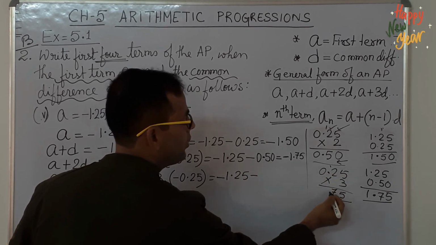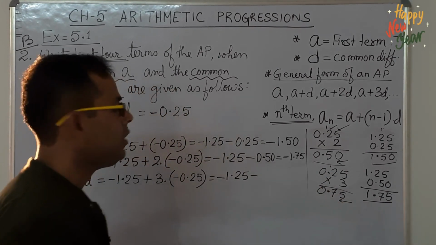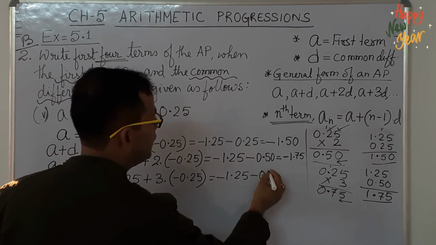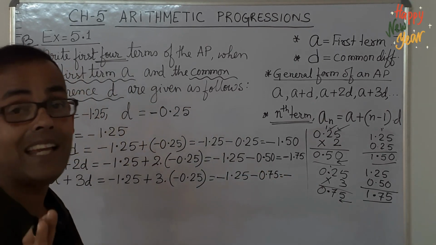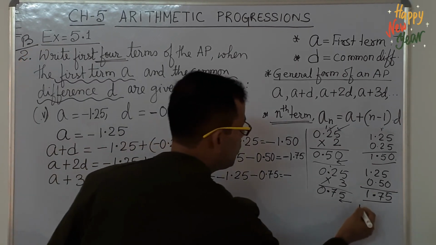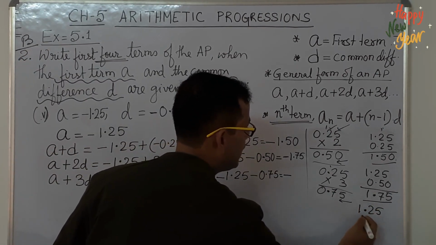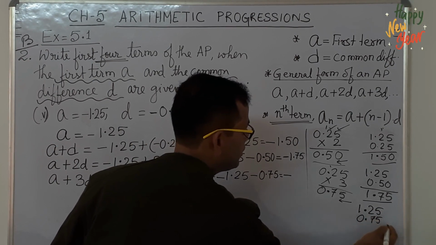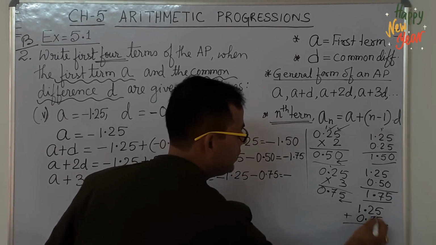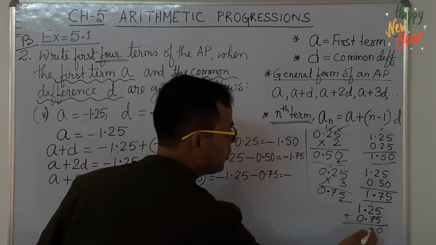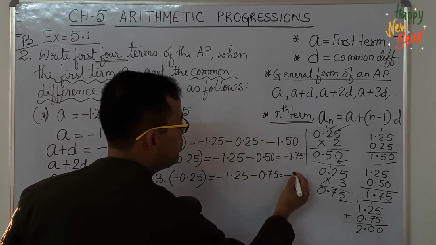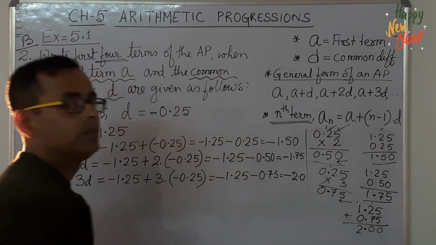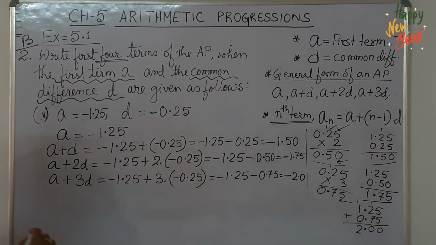So from here the point will come here. Clear? So 0.75. Now minus minus we add, but the sign is minus. So 1.25 and 0.75. If I add it, 5 plus 5, 10, 1 carry, 7, 8, 9, 10, again 1, so it comes 2, and point below will be point. So what you get? 2.0. Clear? We got all the 4 terms.